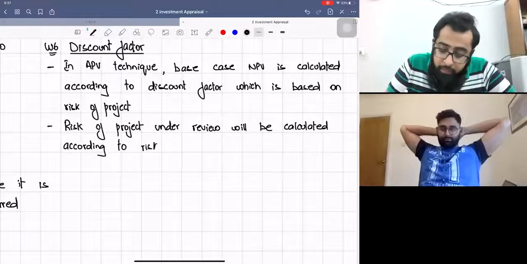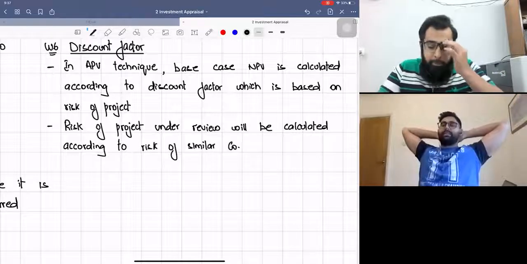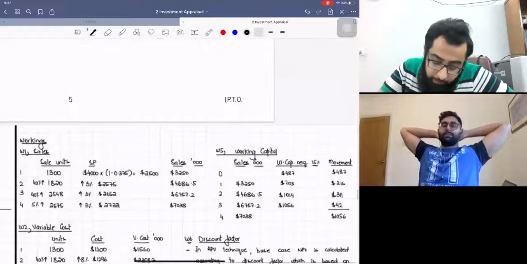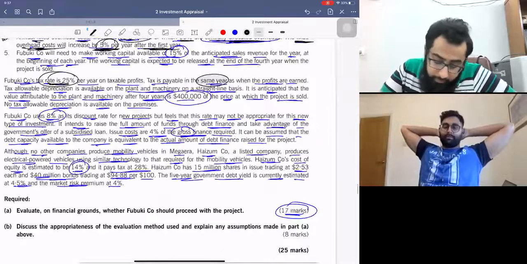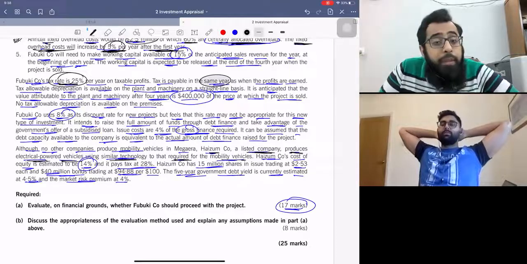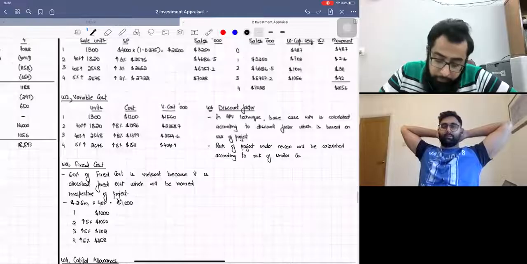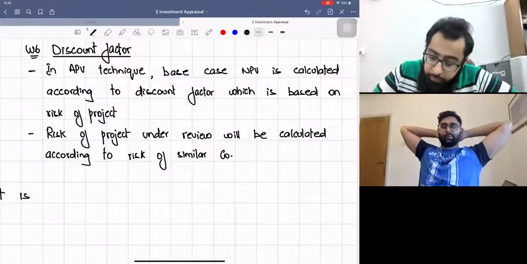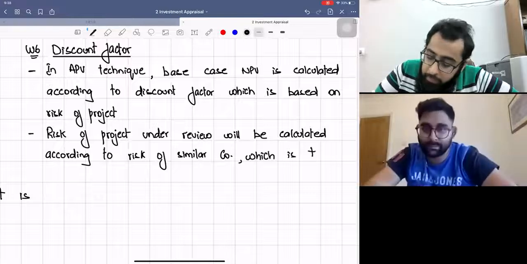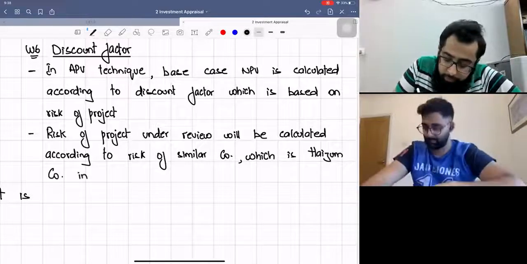If you remember, the ICAEW company is a listed company that produces electrical powered vehicles using similar technology that is required for mobility vehicles. The risk of that project under review will be calculated according to the risk of the similar company, which is the ICAEW company in the case of this project.